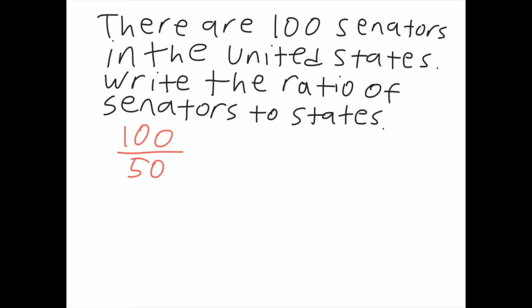So to reduce this down as much as we can, this would be 2 over 1. Now normally you just want to say 2 to get it down to a whole number, but when you're dealing with ratios, you have to have two numbers. One thing to another thing. So 2 over 1, or you could write it 2 to 1, or in words 2 to 1.